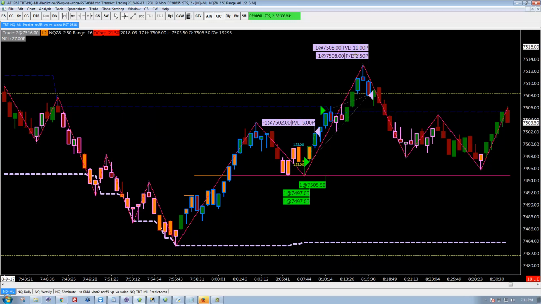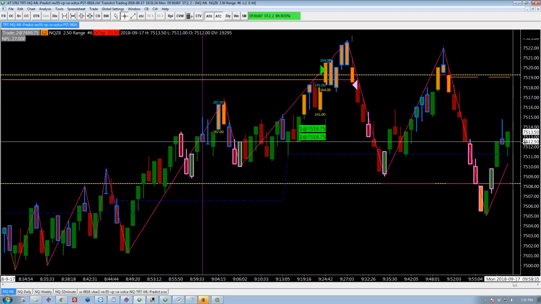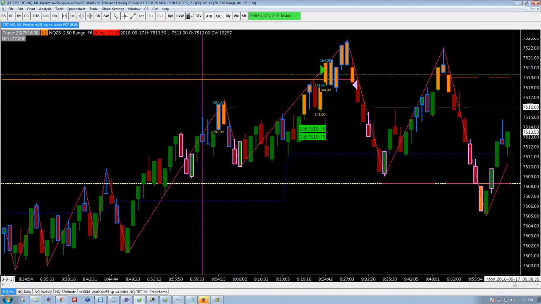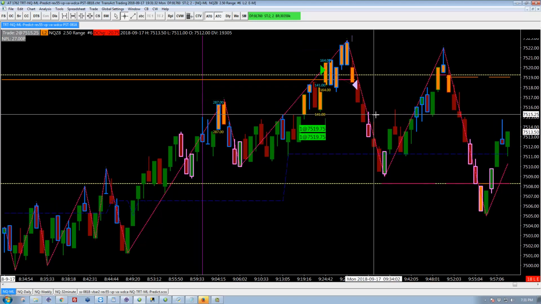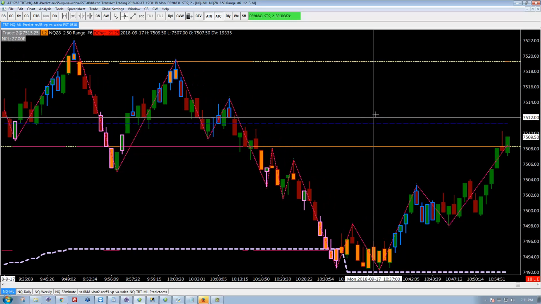So 5 and then 11 and then 2.5. And then we take a loss here on a long break. All right, so that's -2, -1.5. So we must have hit 10 ticks, and then the stop moves to -5. And then took some slippage on that stop.